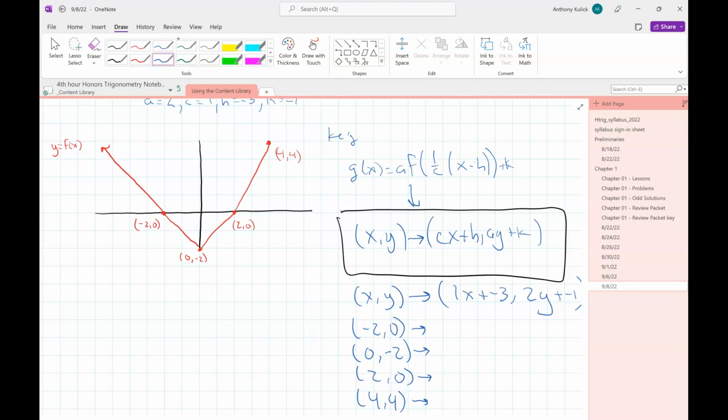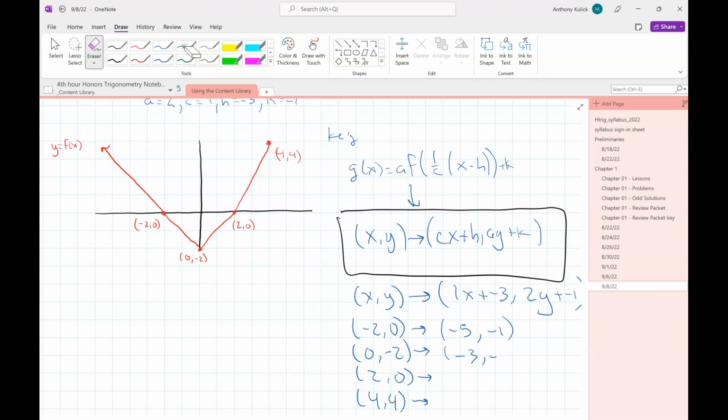Oh, Mr. Kulak, that's not so bad. So -2 plus 3 or minus 3 is -5. And then 0 minus 1 is -1. And then 0 minus 3 is -3. -2 times 2 is -4, and plus 1 is -3.